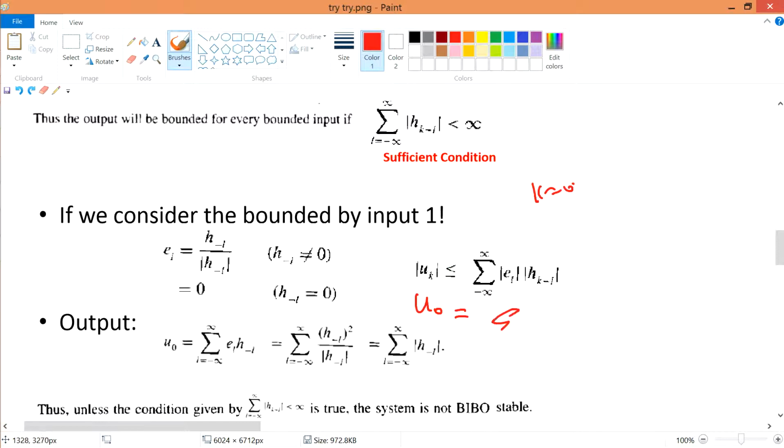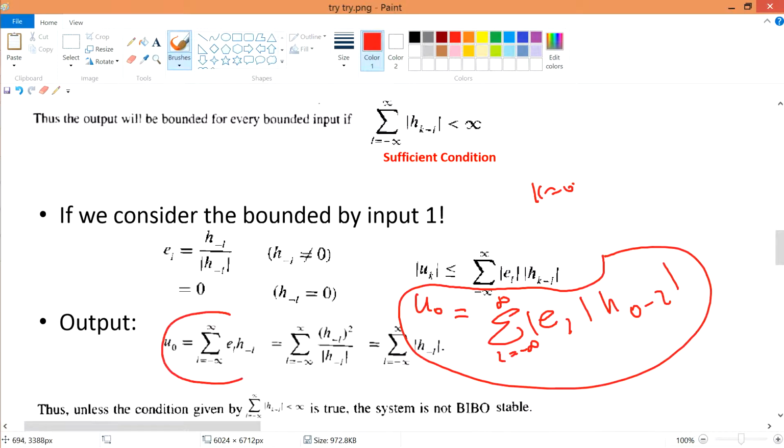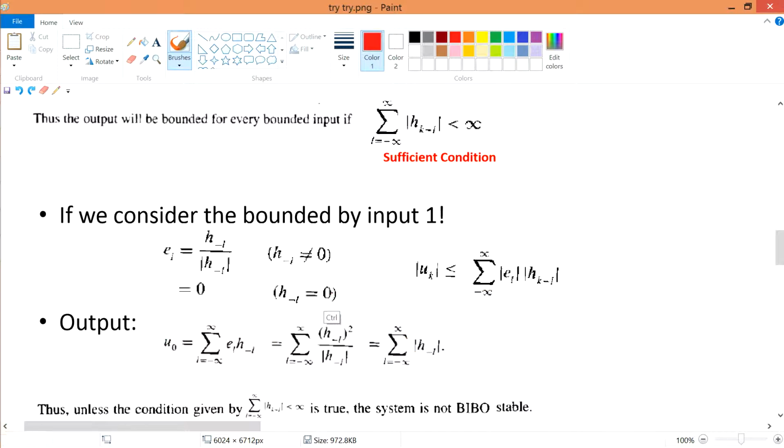So therefore the summation from L equals minus infinity to infinity, EL, and H is K, which I put as 0, so I have 0 minus L. So this whole thing is written over here: EL times H minus L, because 0 minus L is minus L. So this is the initial condition of your output.